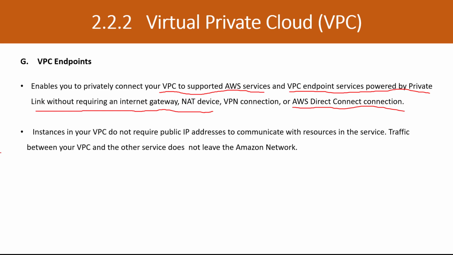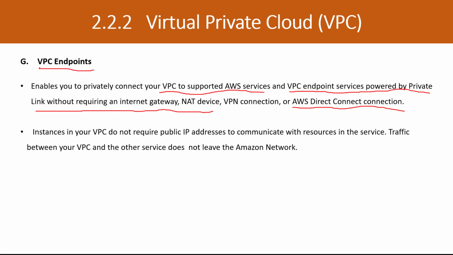But think about a scenario. It can only be accessible through the internet. But what if an application in a private VPC, which doesn't have any network connectivity, wants to access an S3 bucket? How can that be possible? There is no internet, no NAT gateway, nothing. It will be accessible using a VPC endpoint.